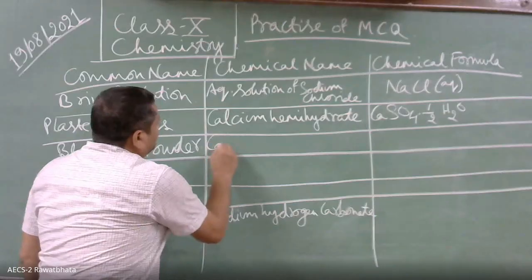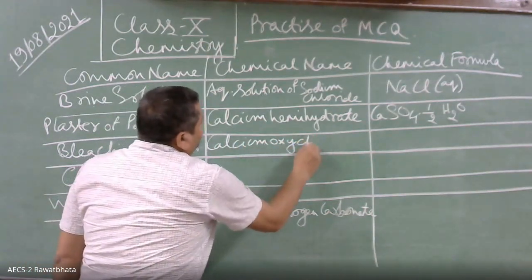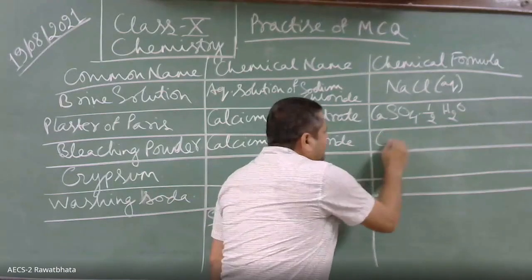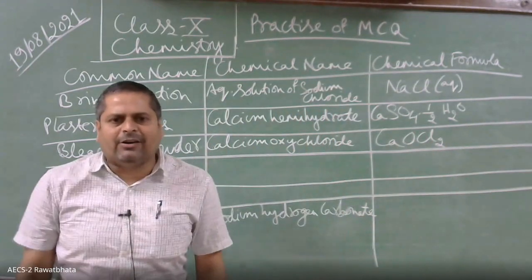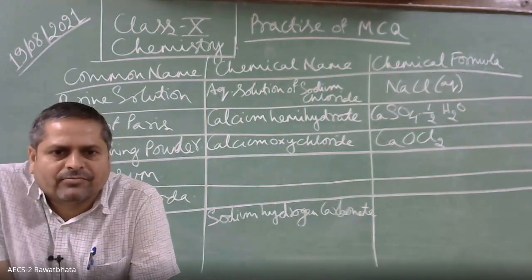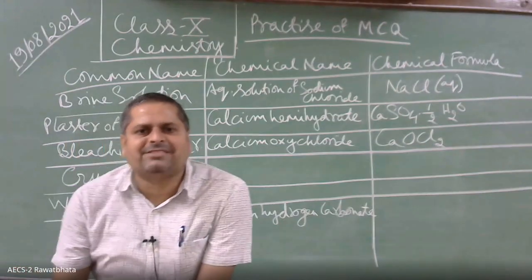Sir, bleaching powder, chemical name is calcium oxychloride. Very good. And what is its chemical formula, children? CaOCl2. Very good. Now, Ashish, can you tell me what is the kind of salt it is? Sir, basic salt. No, it is not basic salt.